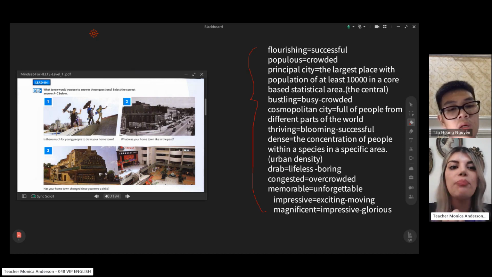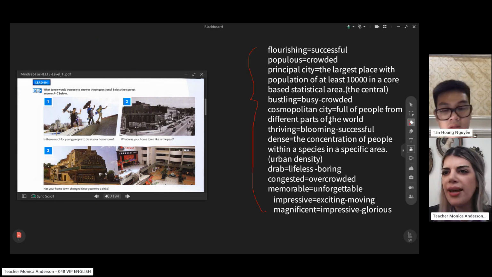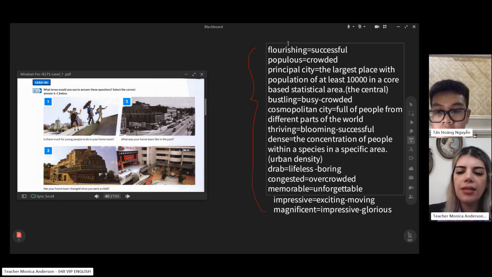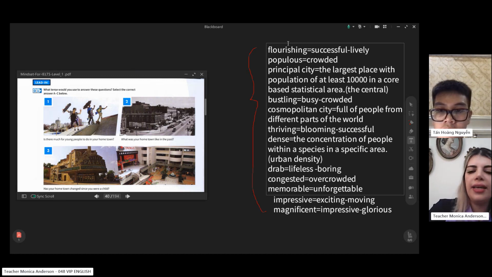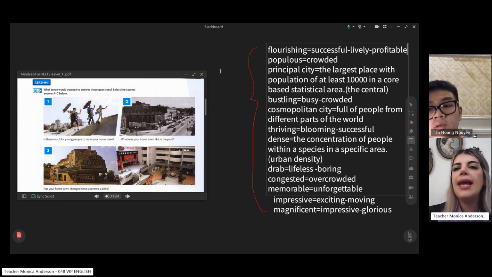You can get some benefits, some profits, which means profitable. Let me write: lively or profitable.